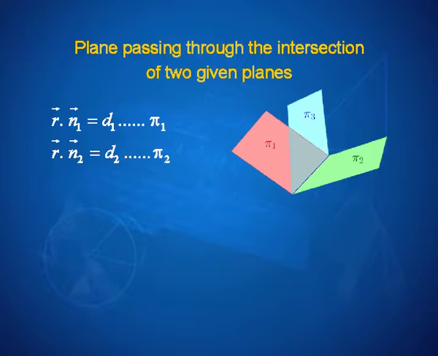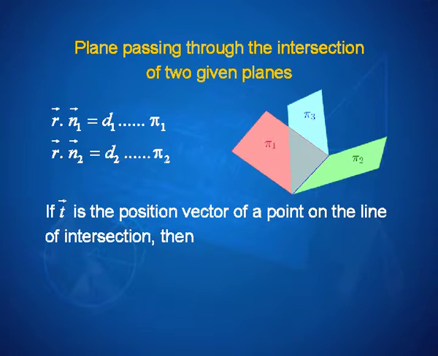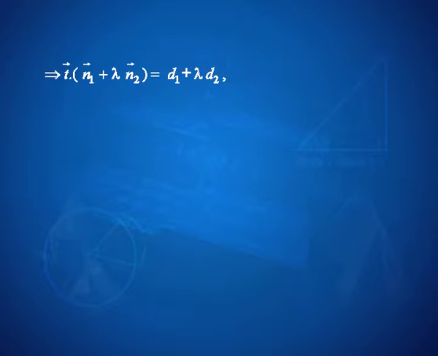Now, suppose I take a point which is lying on the line of intersection with the position vector t, then t must satisfy both the equations, that is t dot n1 vector must be equal to d1 and vector t dot vector n2 must also be equal to d2. In other words, if I take t dot n1 vector plus lambda, lambda could be any real number, times n2, it must be equal to d1 plus lambda times d2 for all real values of lambda.